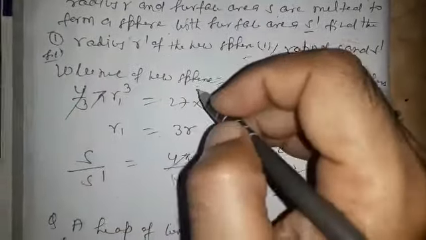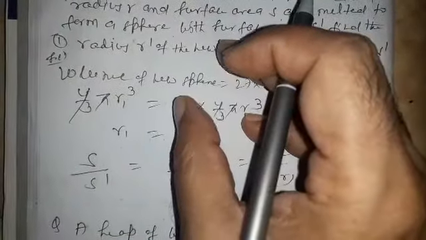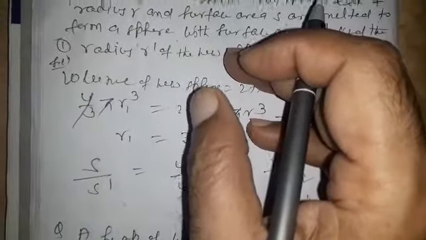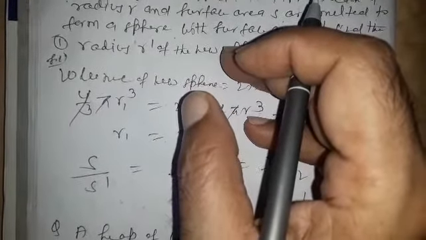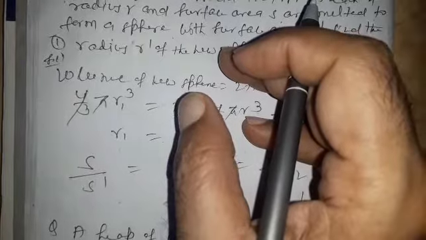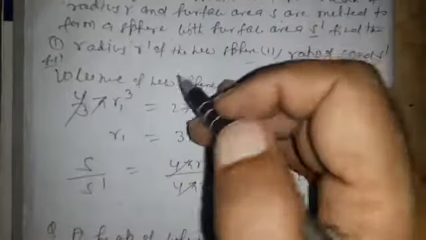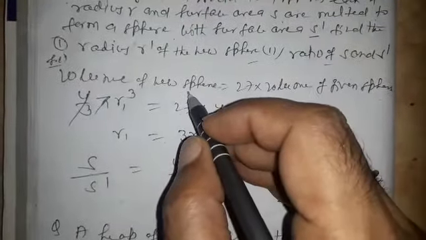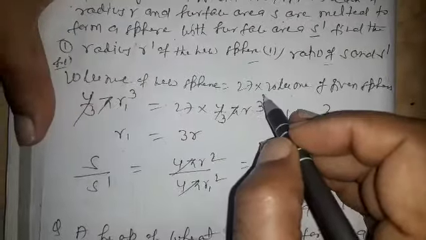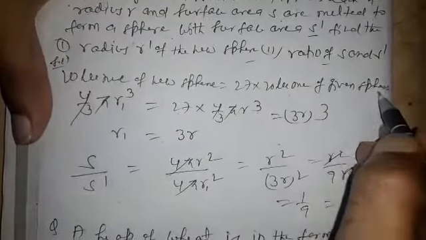So we know that when 2-3 spheres melted to form a single sphere, then volume does not change.